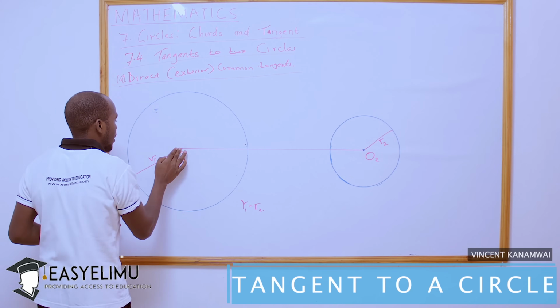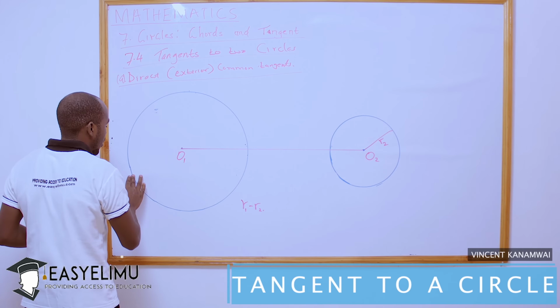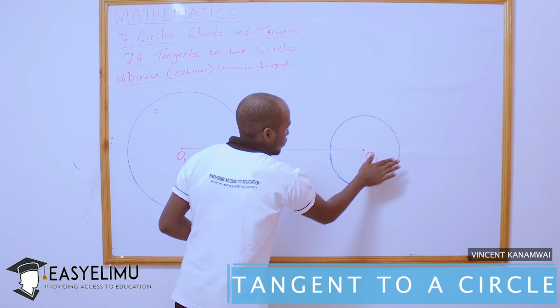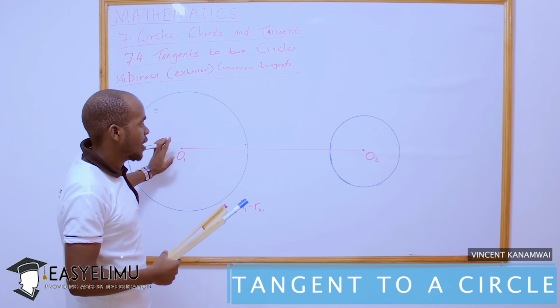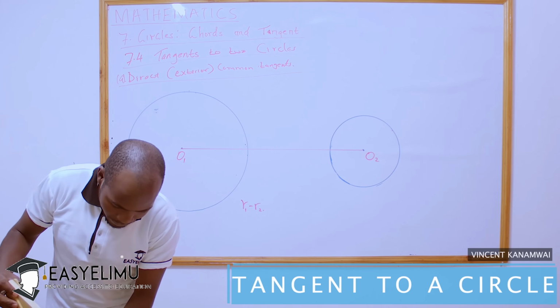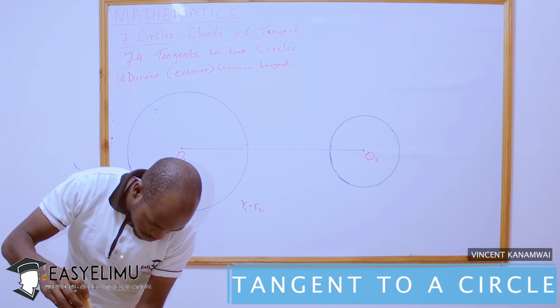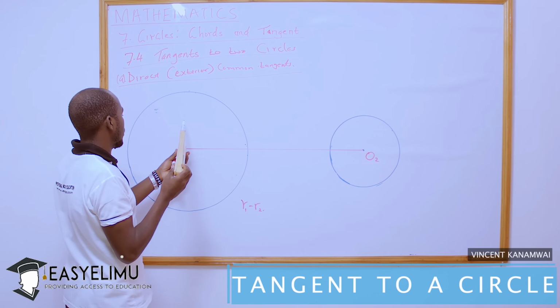So let's construct that circle here with the center O1. I shall take the radius of this and subtract that of here, and we find it's approximately this.